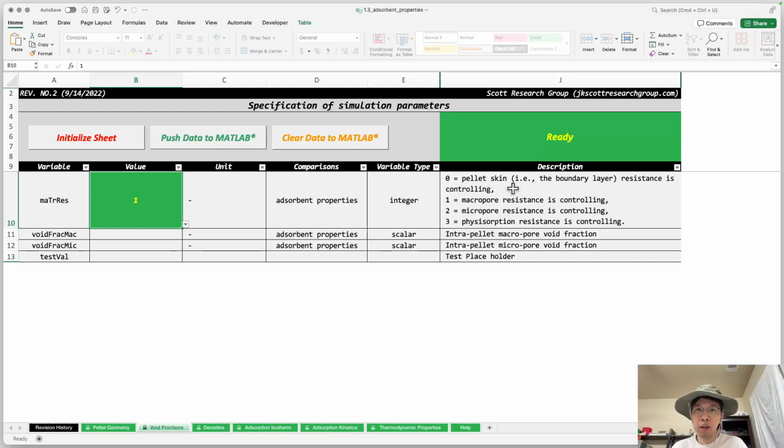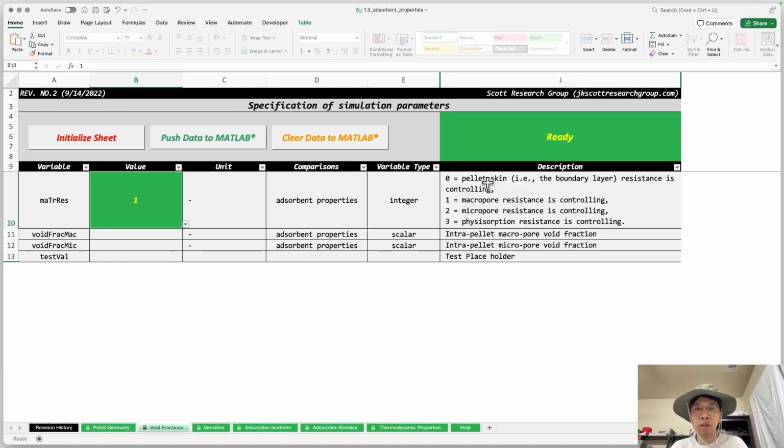So basically there's a different breakdown of gas phase and adsorb phase, right? The question to ask here is, what is controlling the mass transfer resistance? What is the controlling process?